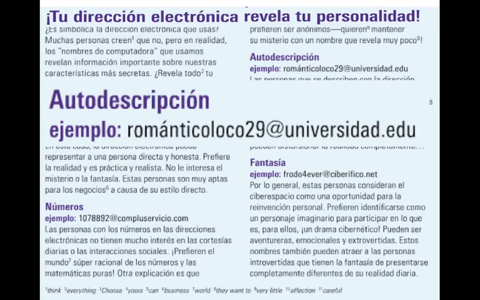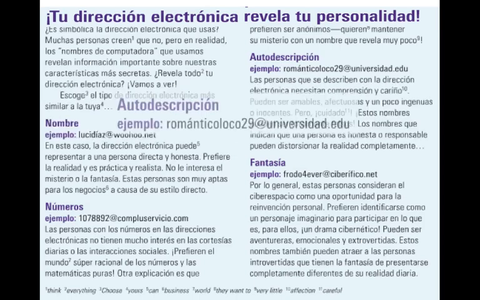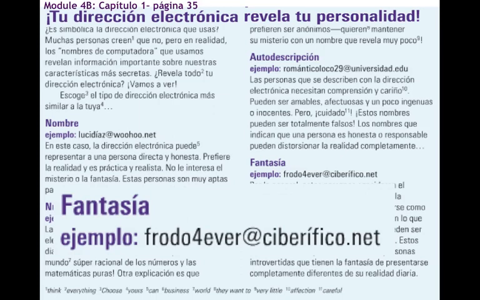A description of somebody. Romántico loco. Crazy romantic. So what is that saying about someone if they're using that for their email? Dirección electrónica. Fantasía. Frodo forever. Fantasía. Yeah. Fantasy type of a heading of a usage of their name. So maybe that's something that you're using. We'll check it out.